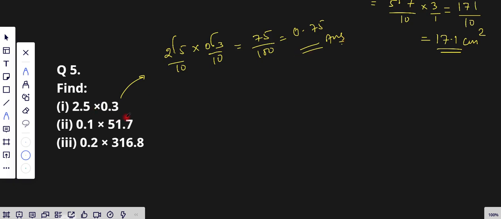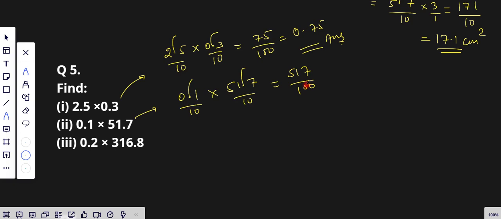Now the next question is 0.1 when multiplied by 51.7. Just remove this decimal from here, put 10. Similarly, remove this decimal, put 10 here. So 517 multiplied by 1 will give you 517 divided by 100.